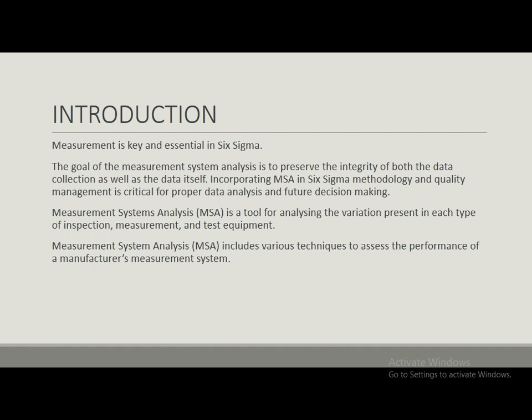Measurement is key and it is essential in Six Sigma. The goal of measurement system analysis is to preserve the integrity of both data collection as well as data itself. Incorporating MSA, that is measurement system analysis, in Six Sigma methodology and quality management is critical for the proper data analysis and future decision making.